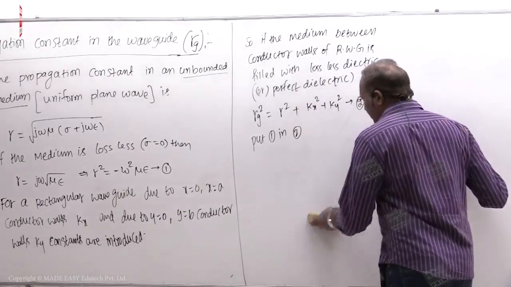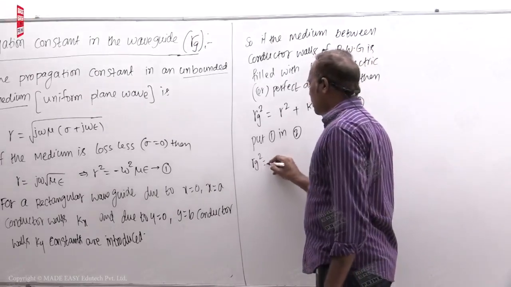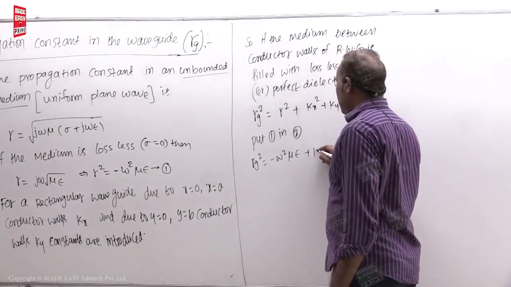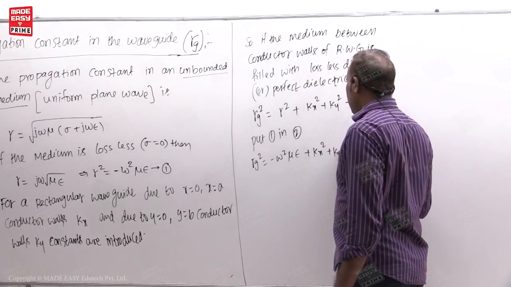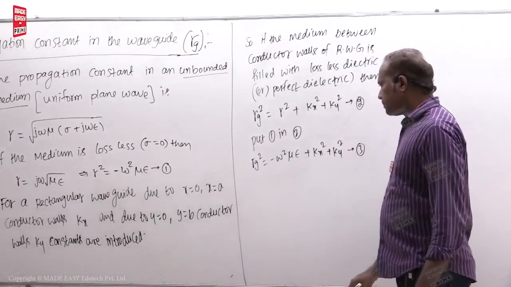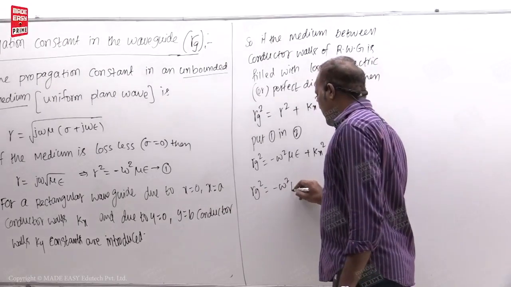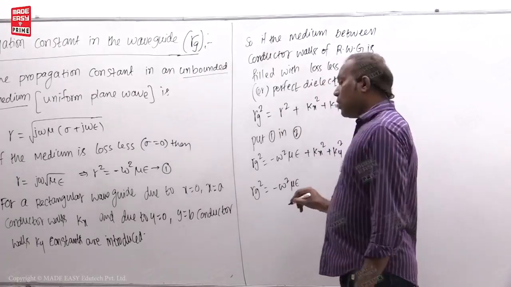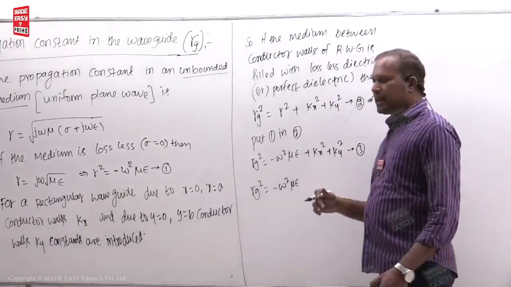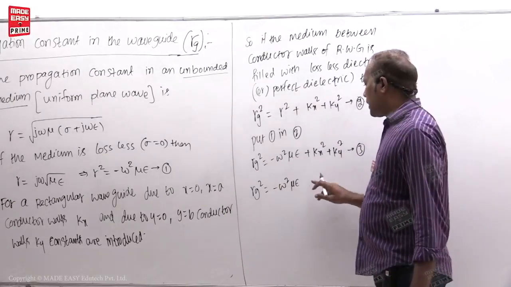So put 1 in 2, then gamma g square is equal to minus omega square mu epsilon plus kx square plus ky square. Let us say this is equation number 3. Now, gamma g square, omega square mu epsilon, you know why I already told you square is written, because the entire equation is in square form. That is why it is 1 by meter square.